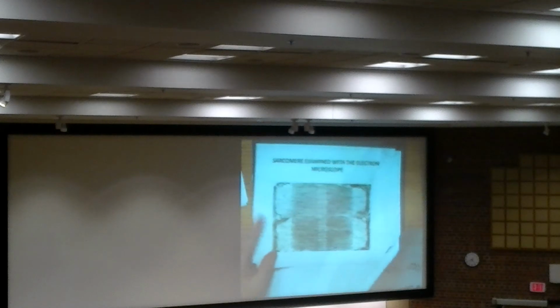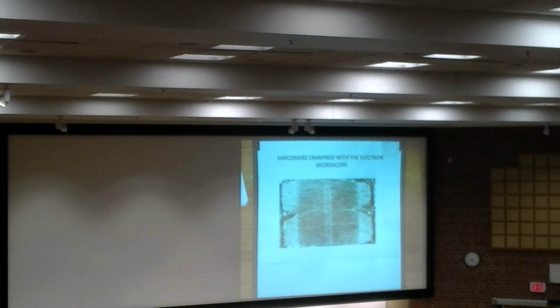You can see things with an electron microscope that you can't see with a light microscope. So to try to improve our understanding of what happens when the sarcomere changes in length, we're going to look at the muscle in the electron microscope and see what we see. And let's go exploring in this new structure that was revealed to us.